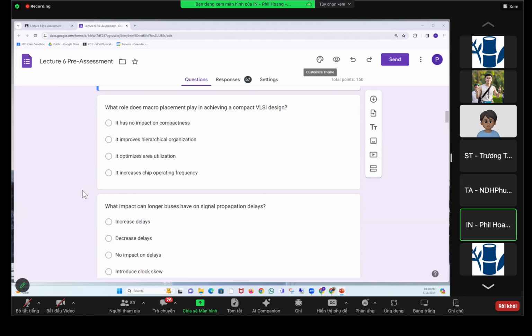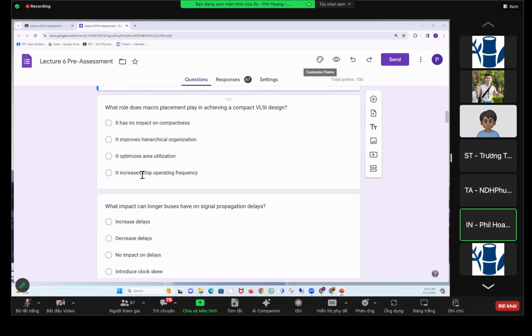What role does macro placement play in achieving a compact design? It has no impact. It improves hierarchical organization. It optimizes area utilization. It increases the chip operating frequency.